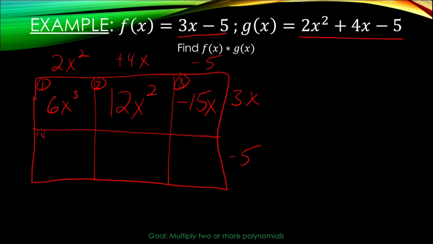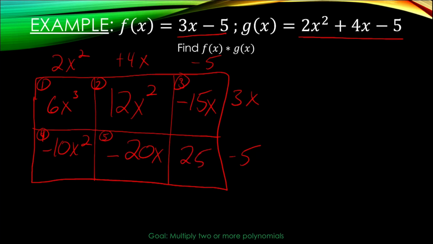Now we can come back down to box 4 here. 2x squared times negative 5x gives me a negative 10x squared. Box 5, 4x times a negative 5 gives me negative 20x. Negative 5 times negative 5 gives me a positive 25.